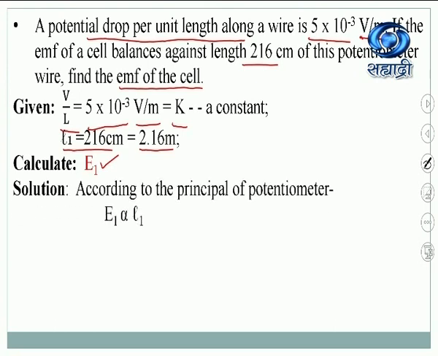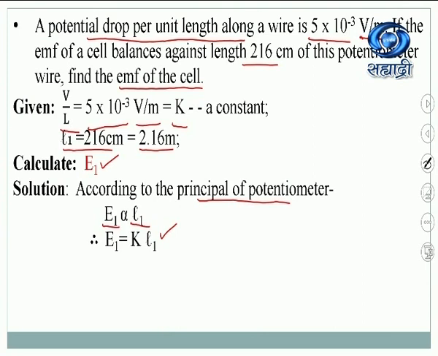How shall we do this? According to the principle of potentiometer, we had seen yesterday that the EMF across any balancing length is directly proportional to that length itself. So if E1 is the EMF and the balancing length is L1, then E1 is proportional to L1. We can write this as E1 equal to K times L1. K is the constant of proportionality.